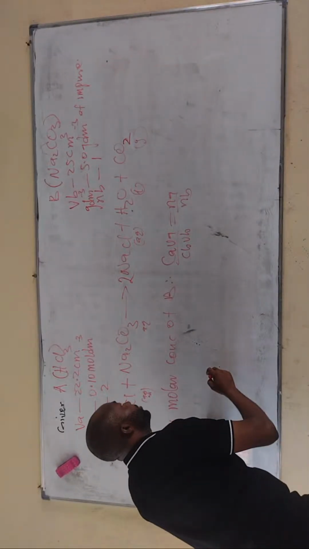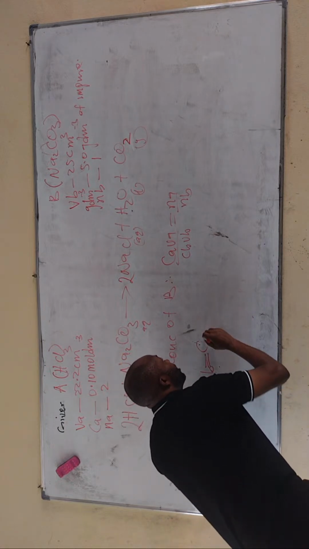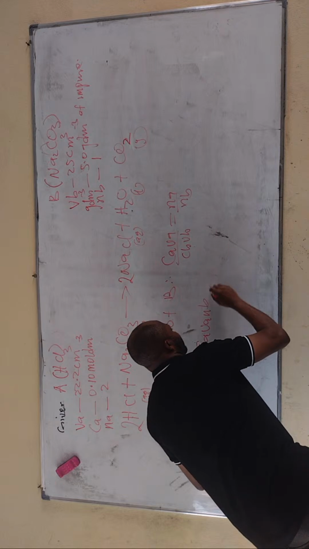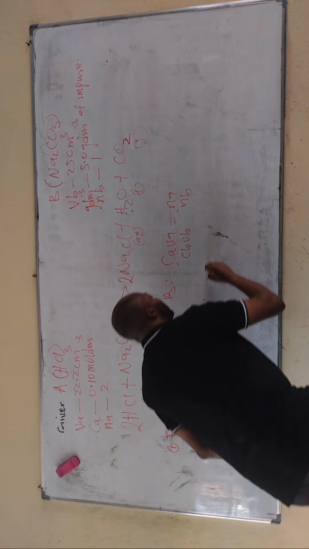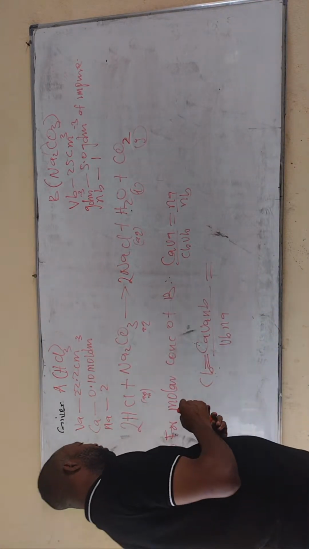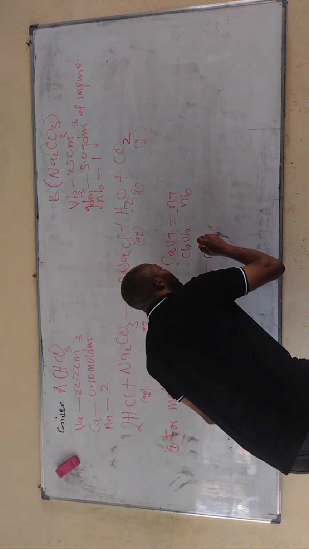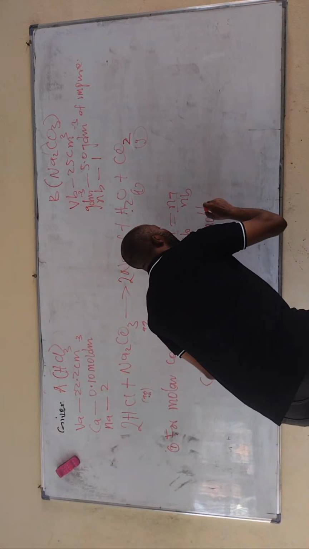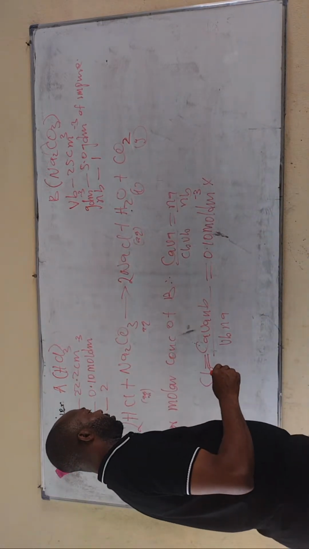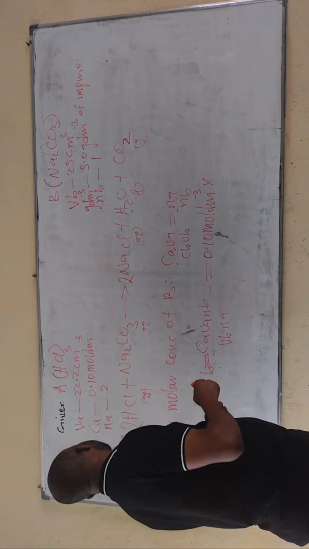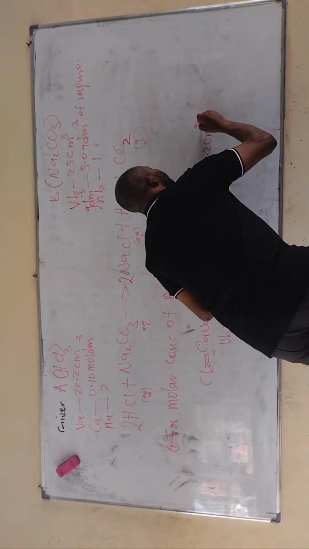And our CB, which we're looking for, is equal to CAVANB over VBNA. The concentration of the acid is given to be 0.10 mole per dm cube, times the volume of the acid, which is 22.2 cm cube.